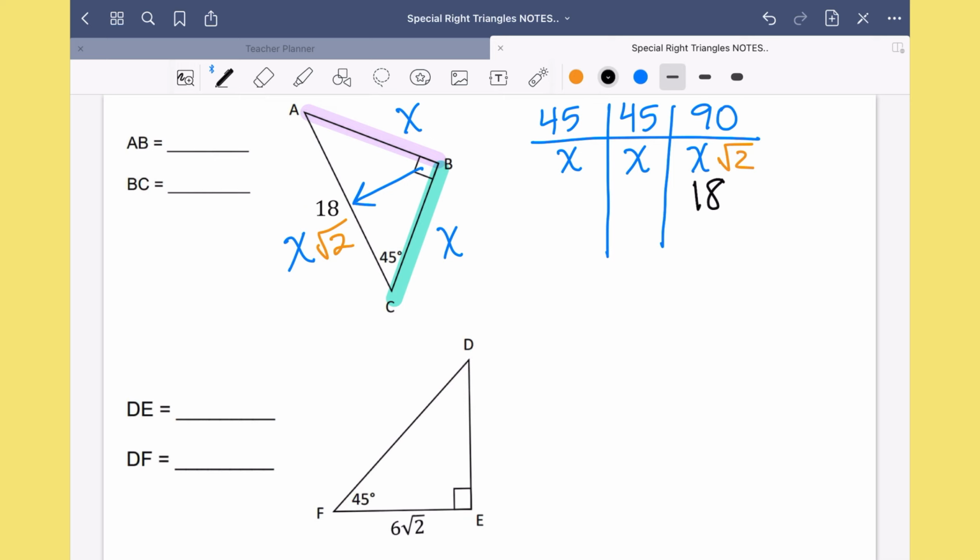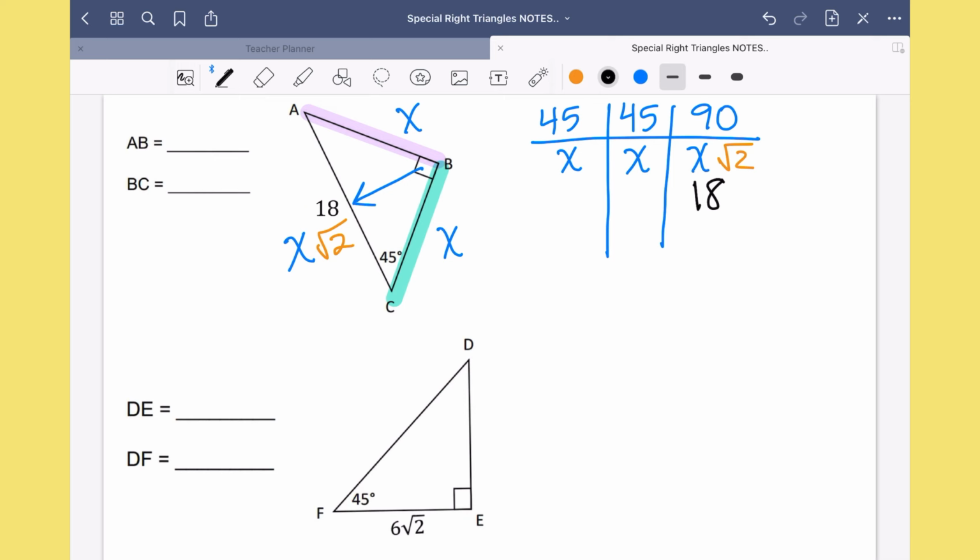Now, this one is not that simple like the first one because it's not that obvious what x is, right? I just know that this whole side, x times the square root of 2, is 18.